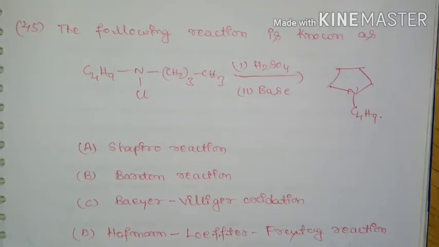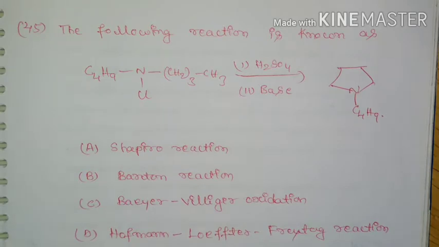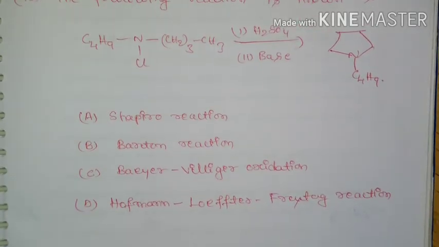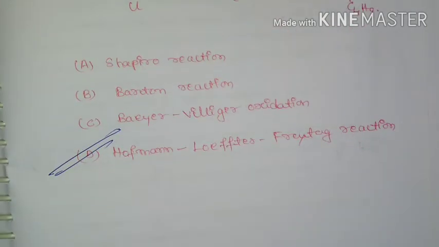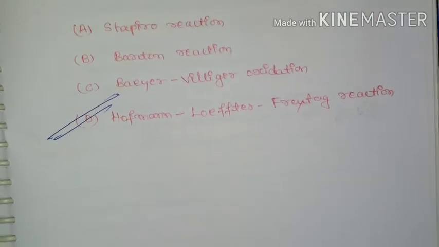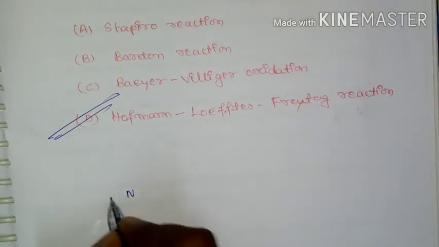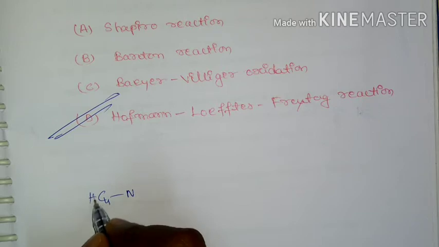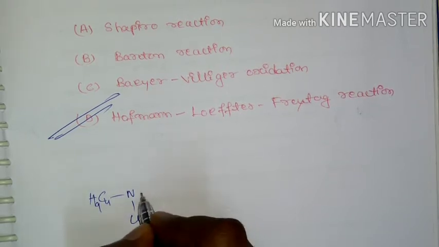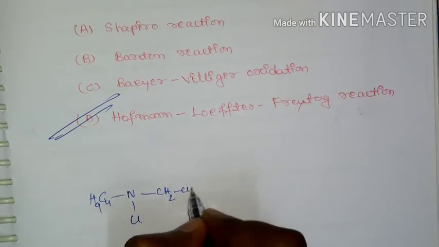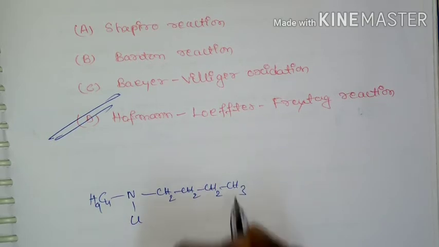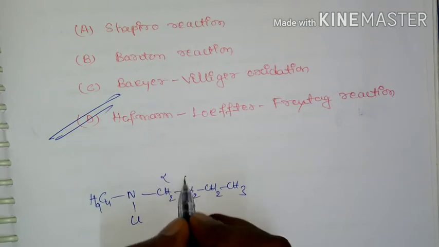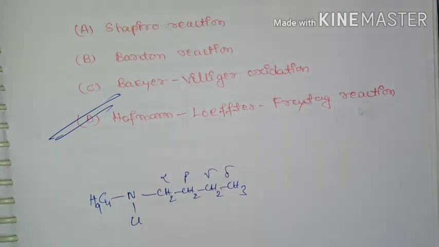Next question, the following reaction is known as, it is a very well known reaction, that is the Hofmann-Loffler-Freytag reaction. So it is a free radical reaction. So if you consider this one, CH2, CH2, CH2, CH3, alpha, beta, gamma, delta.